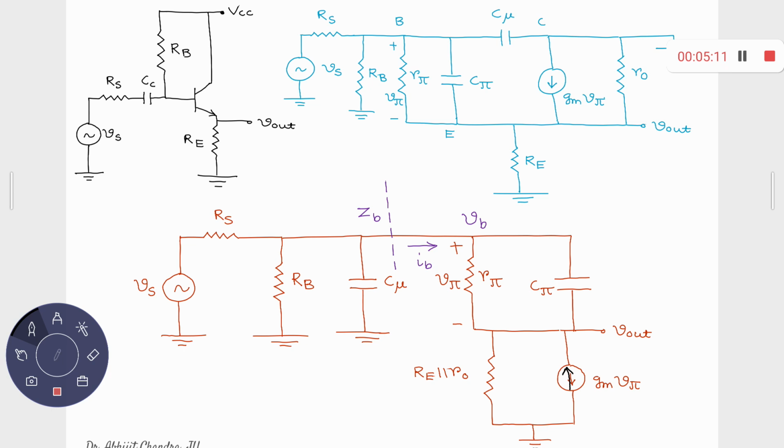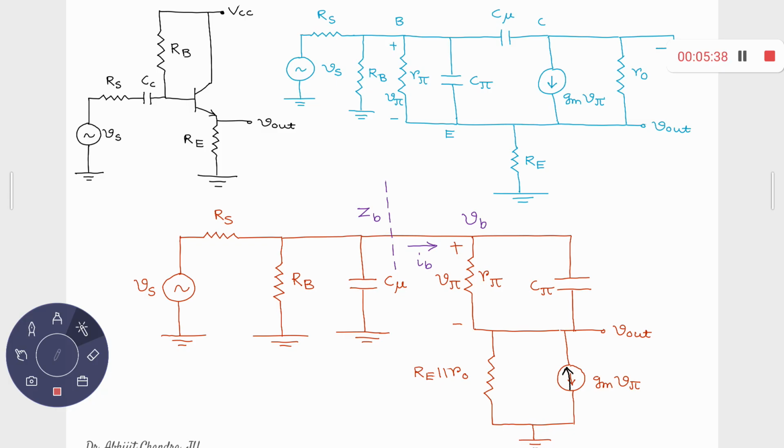And let's assume that over here, this voltage is the base voltage at the base terminal, and the current being drawn, let it be IB, and then the impedance as perceived by this circuit, the input impedance looking at this point, suppose this is ZB. So the voltage at this terminal is VB, the current being drawn is IB, so VB upon IB will give you the expression for the input impedance ZB.